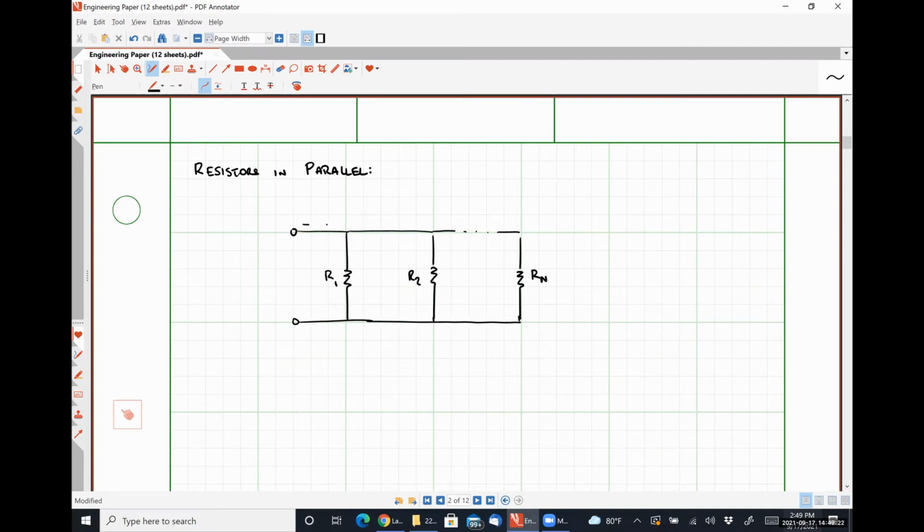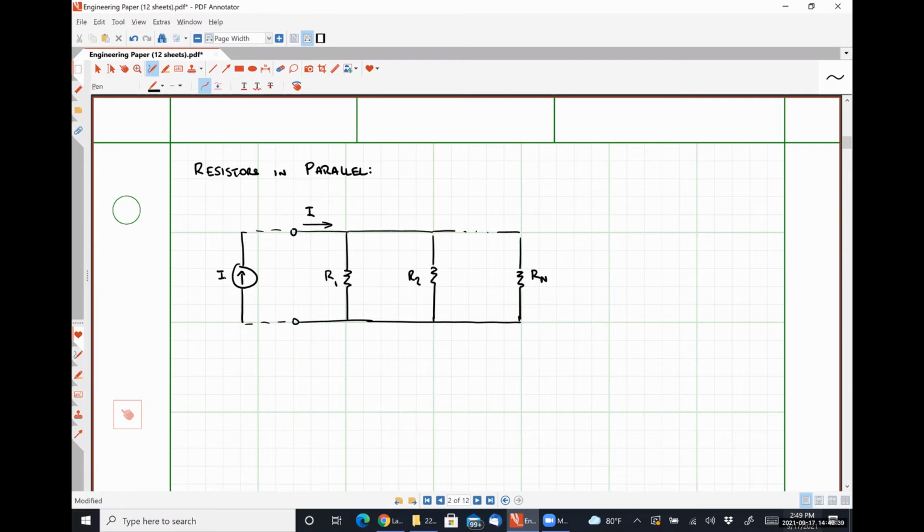I'm going to say that there is a fixed amount of current I flowing into this network, which will ostensibly be provided by a current source having a value of I.